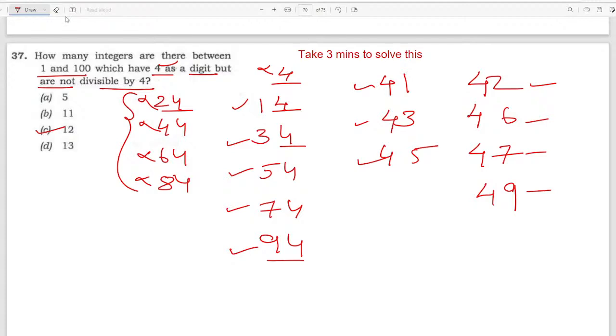These are the 12 numbers: 1, 2, 3, 4, 5, 6, 7, 8, 9, 10, 11, 12.